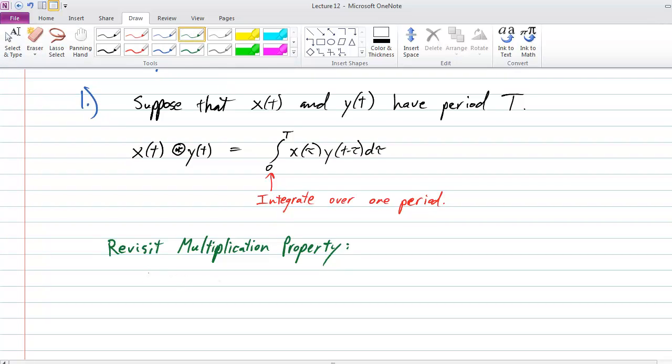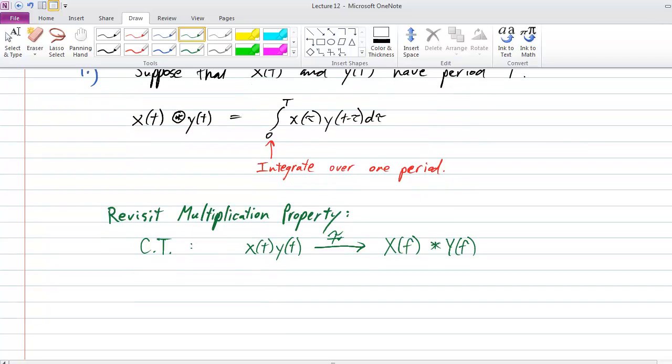Okay, continuous time, x of t, y of t, when you transform them, you get x of f convolved with y of f. But in discrete time, that's not true.